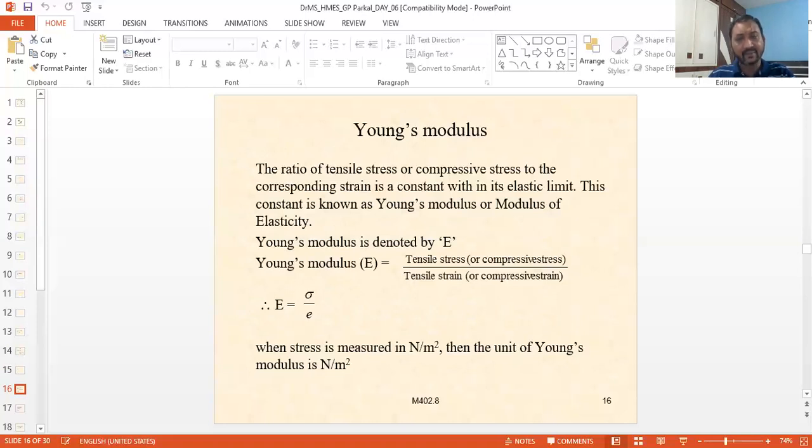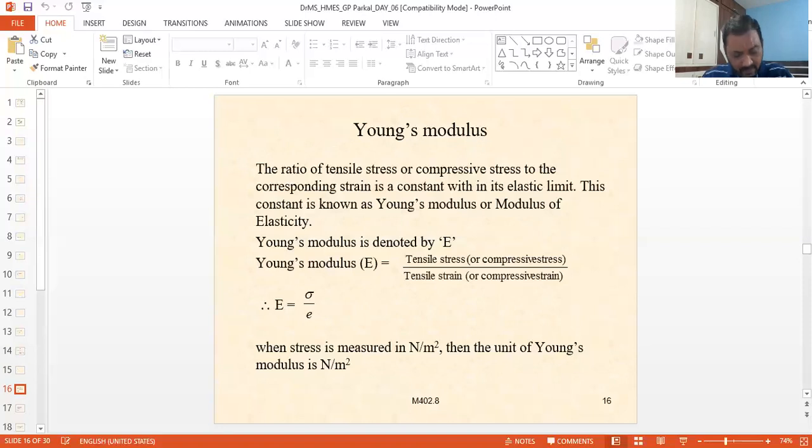Whenever a body is subjected to some kind of external forces, the ratio of the tensile stress or the compressive stress produced in the bar to the corresponding strain is called the Young's modulus. So if it is subjected to a tensile force, it produces tensile strain.